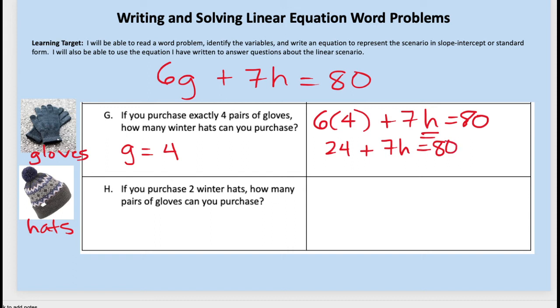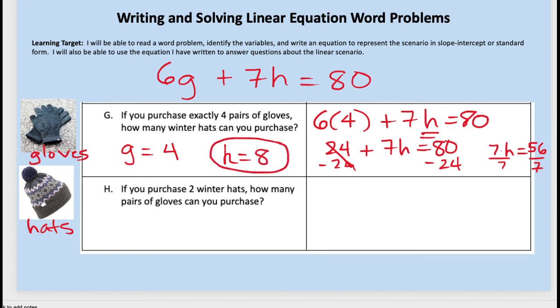Using inverse operations, I'll subtract 24 from both sides. Then I get 7H equals 80 minus 24, which is 56. Last step is to divide both sides by 7. 56 divided by 7 is 8. So H equals 8, which means I can purchase 8 winter hats.